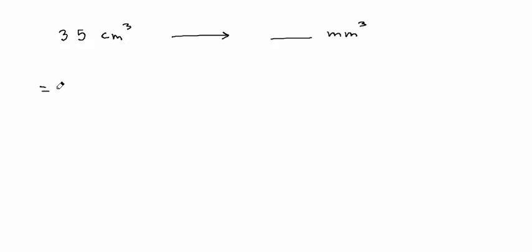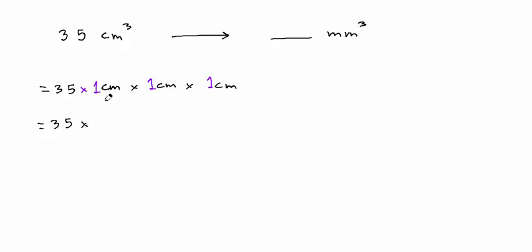We have 35 centimeter cube, which is nothing but a centimeter times a centimeter times a centimeter, and we could say they are all 1 centimeter each. 35 multiplied by 1 centimeter times 1 centimeter times 1 centimeter is after all 35 cubic centimeters. We want to change the 1 centimeter to a certain number of millimeters, and we know that 10 millimeters is the same as 1 centimeter.